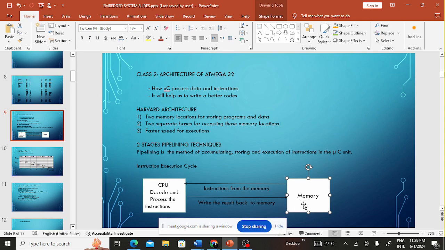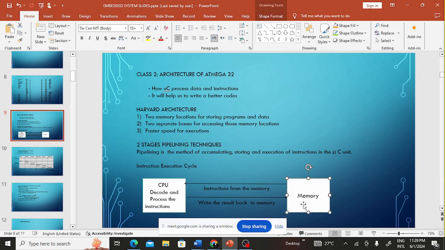Let's take a very simple example so that I can evaluate this. Let's say I'm writing a program that takes readings of temperature from an LM35. LM35 is an analog temperature sensor. It has 3 pins. One is the input and the other one is the output.